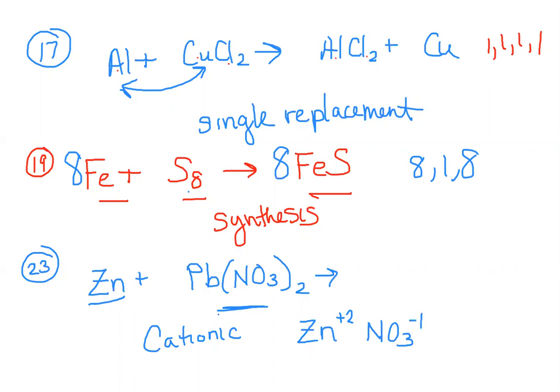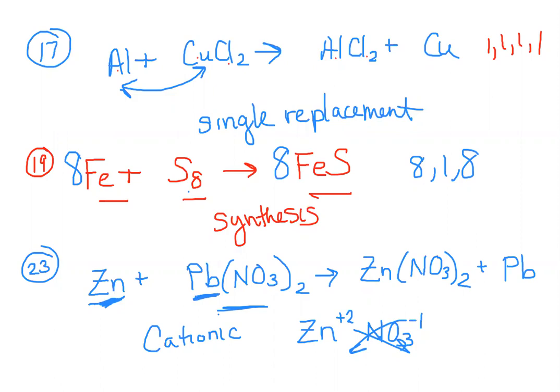So that's going to become Zn(NO3)2. This is number 23. And then our lead is all by itself. That's a single replacement. Okay, and we knew because zinc here is a metal and it has a positive charge, we knew it was going to change places with this one right here, the one that has a positive charge.